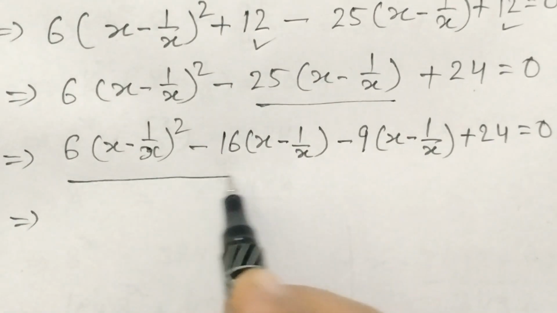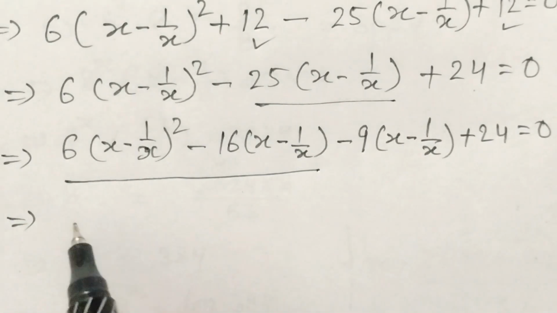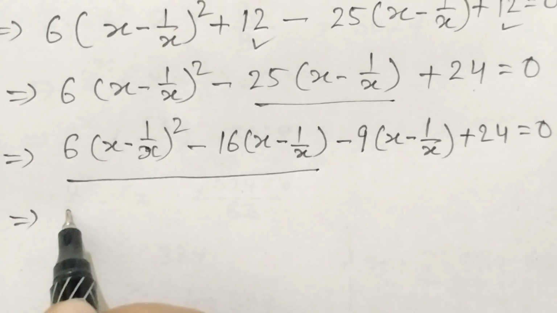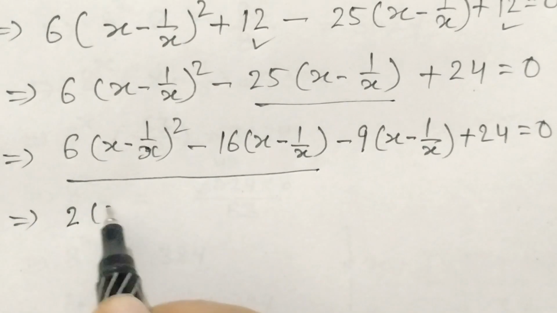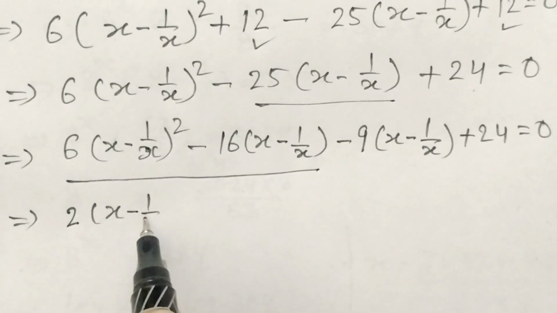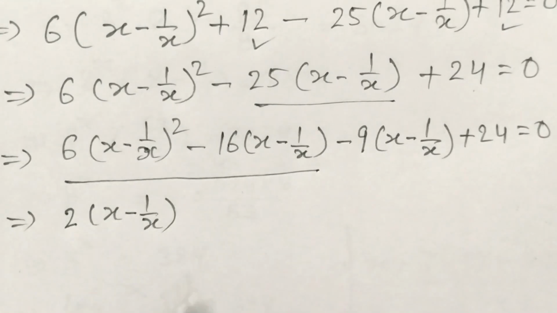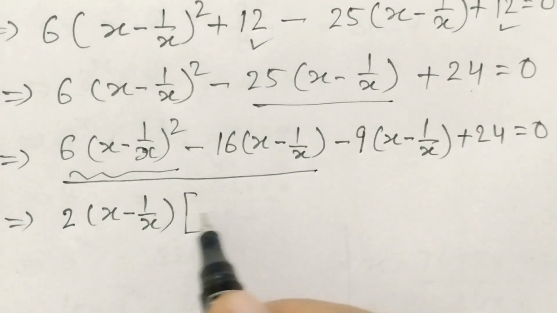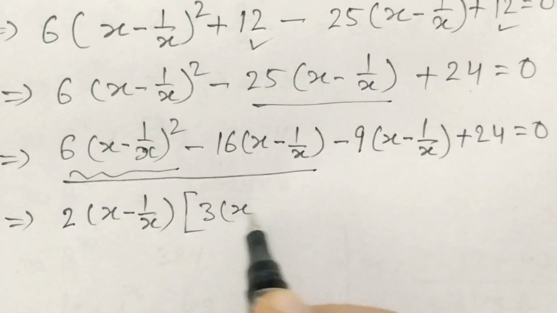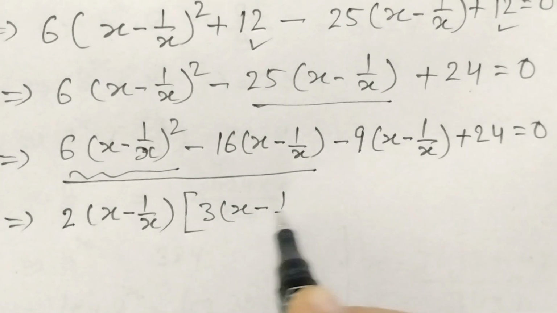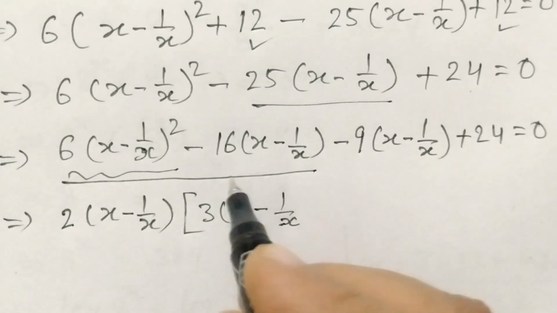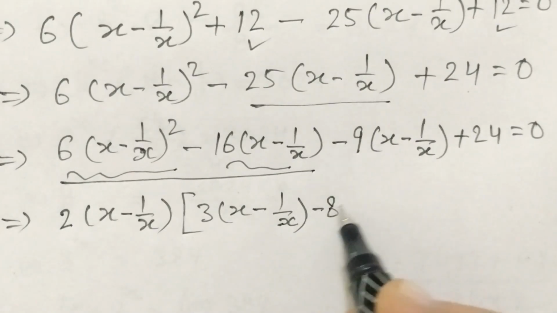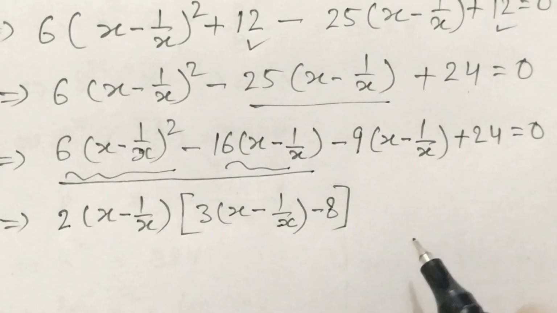If we take common from here, 2(x - 1/x), so here we have remained 3(x - 1/x) minus 8, right?